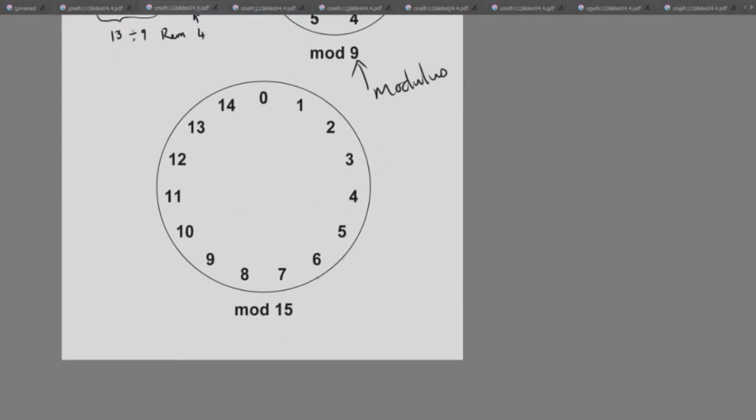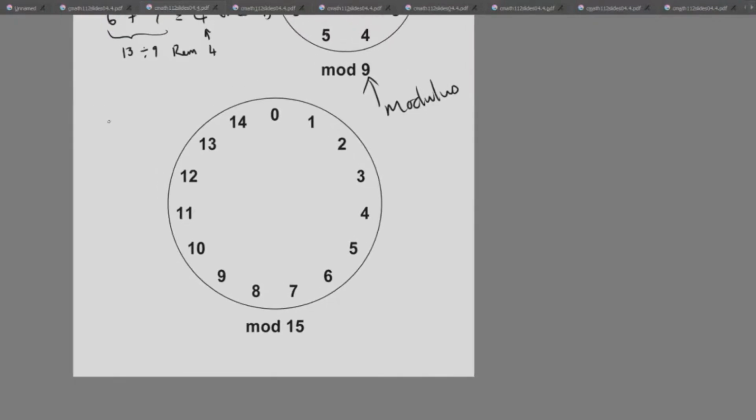Let's go something bigger. We can change it to a mod 15 circle. Why not? I'm much more interested now in the plus and the multiplication to just get us used to this. I can say 13 plus 7.